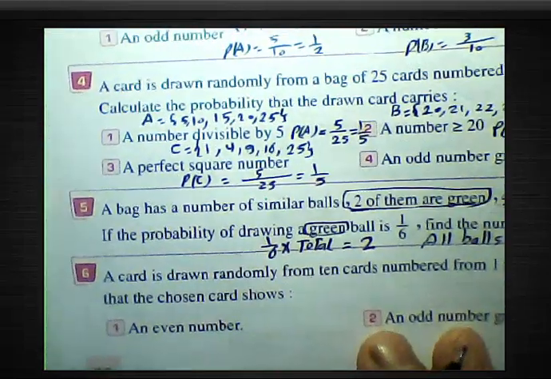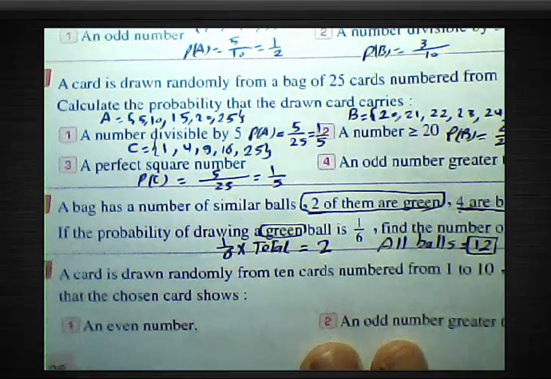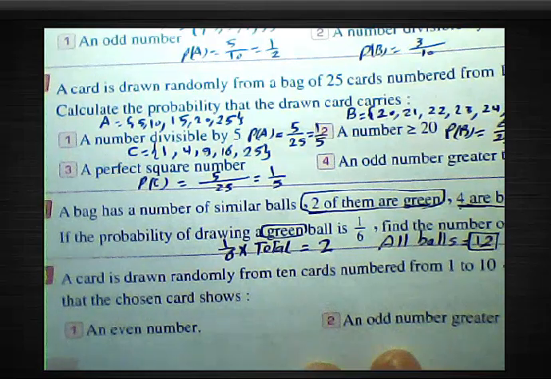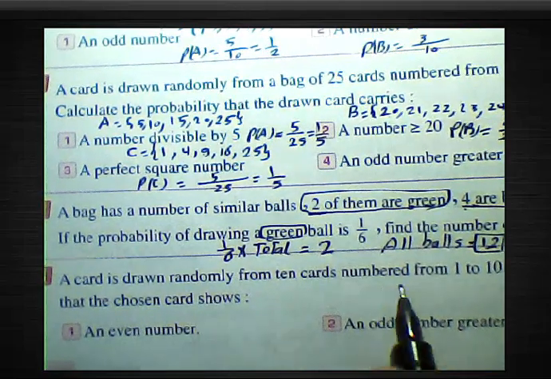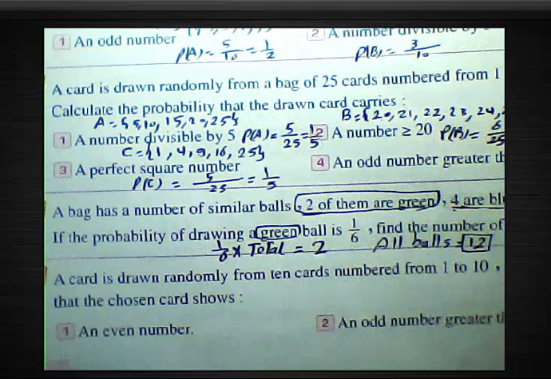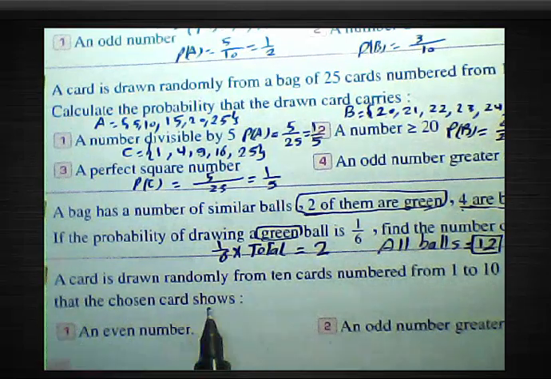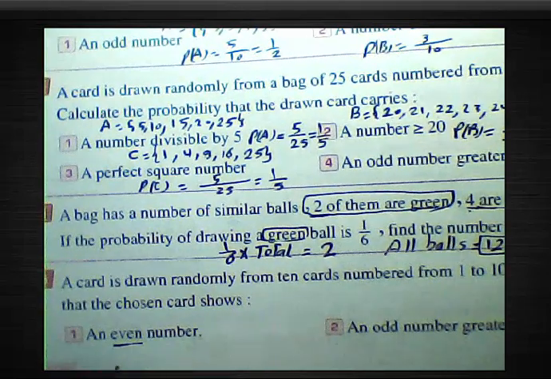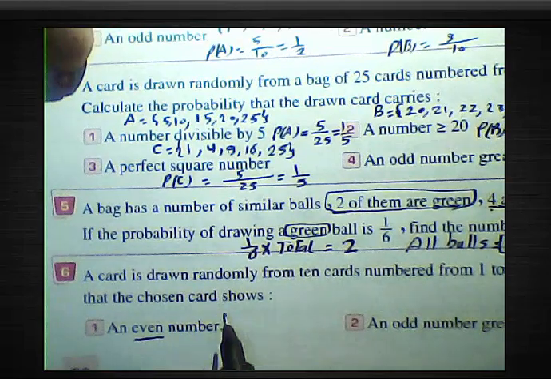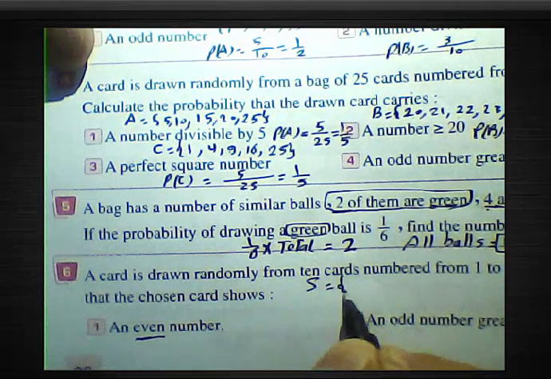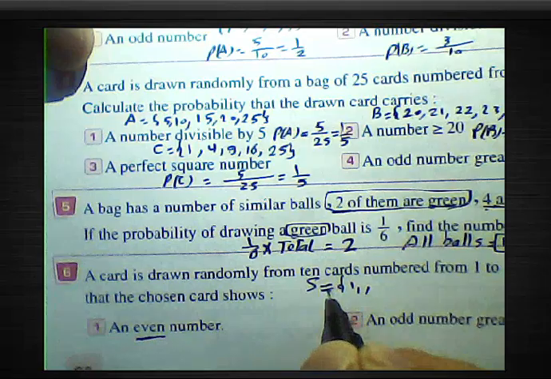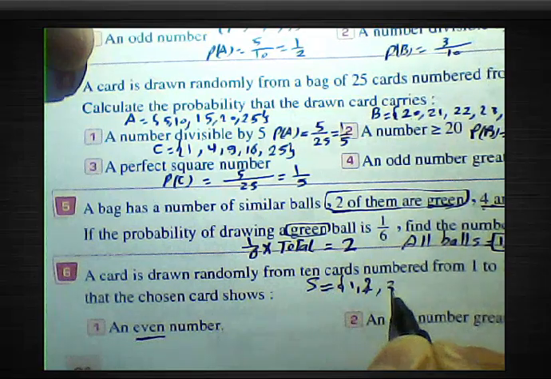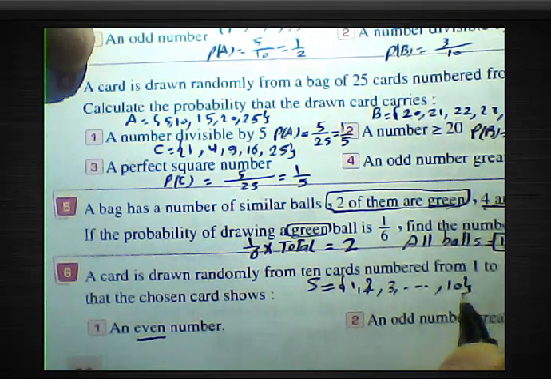Question number 6. A card is drawn randomly from 10 cards, numbered from 1 to 10. What is the probability that the card shown is an even number? We can count the sample space: 1, 2, 3, and so on to 10.